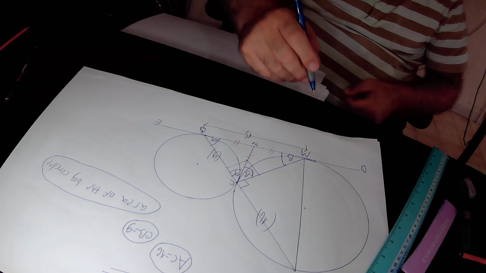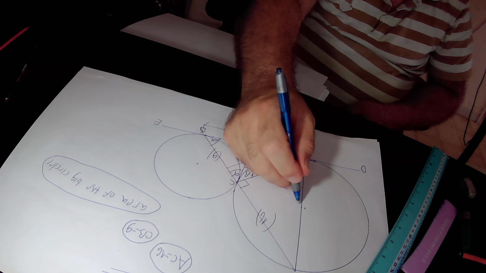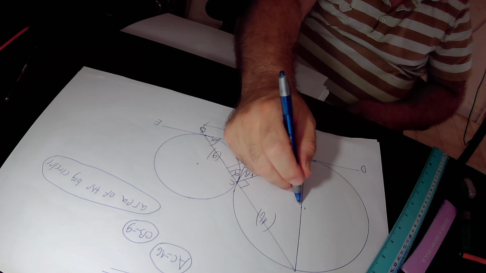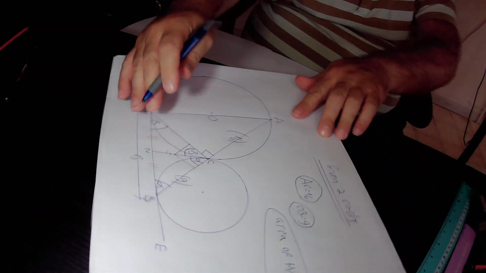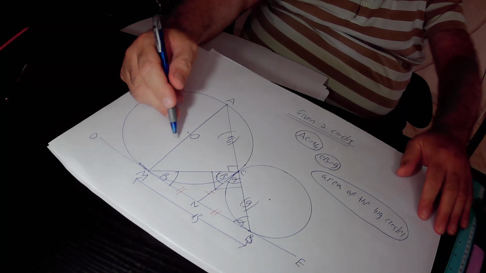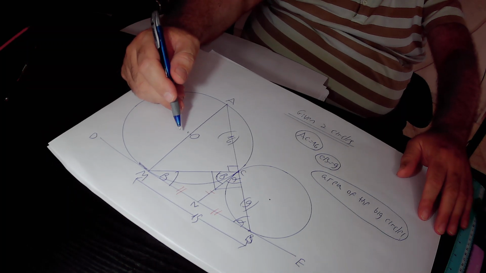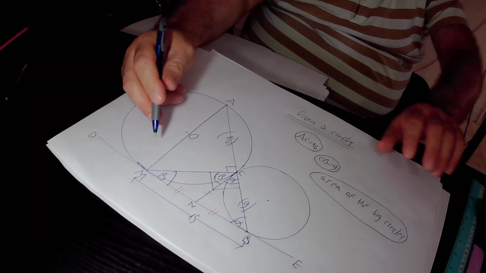So actually, this is the center of this big circle. We define the center as point O. Point O is the center of this big circle, point M is a point on the big circle itself, therefore OM is the radius of this big circle. We define the radius as R, so OM equals R.